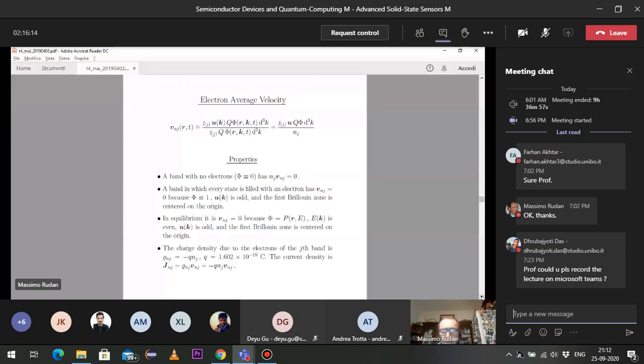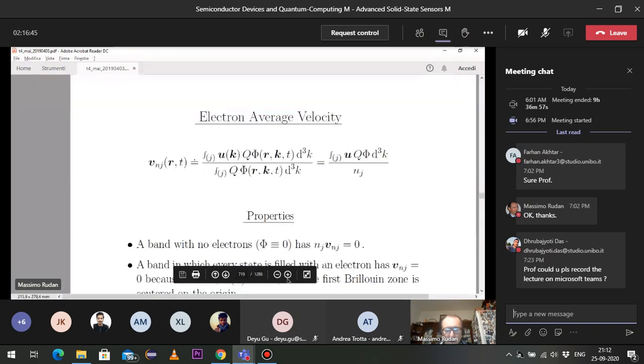As we did before, we consider any band, the band of index J. So J is the index of any of the bands of the semiconductor. And you remember that at some point, we have defined the concentration of the electrons of the band using the expression that you can see in the denominator here.